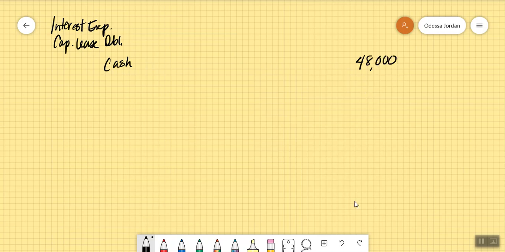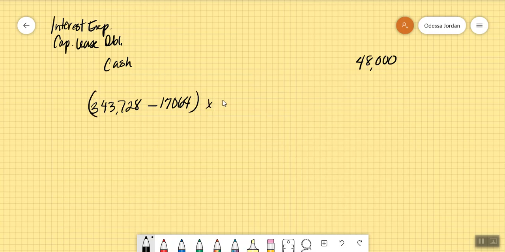And the cash we know is going to be 48,000. But we want to determine of that which portion goes to the interest on the lease and the actual lease obligation. So remember that we already knew that this amount was 343,728. And remember, we have to subtract out the obligation that we had from the previous year.